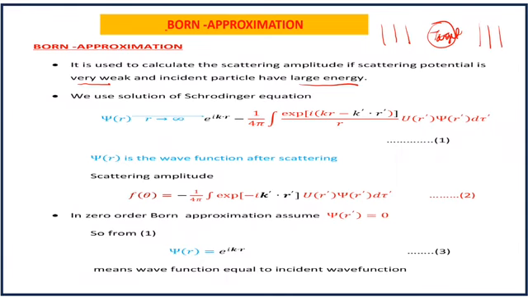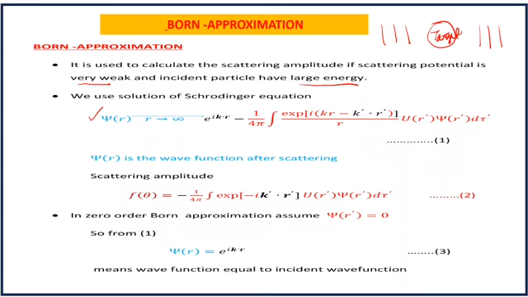In this topic, the solution of the Schrodinger equation must be noted directly. It will be learned from the derivation of the Schrodinger equation solution for the two-body scattering problem.